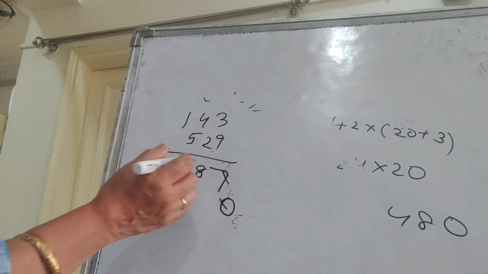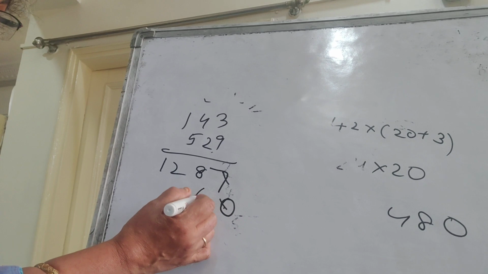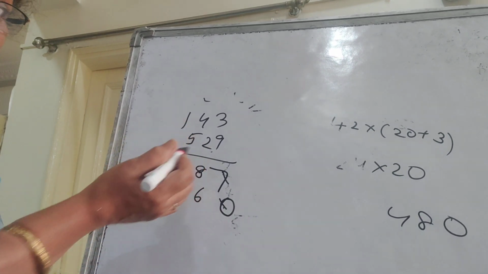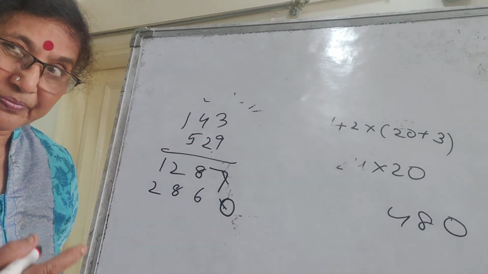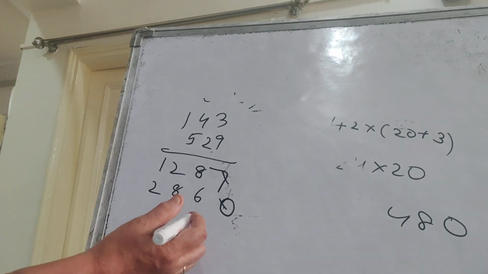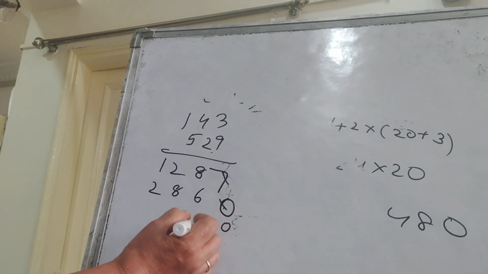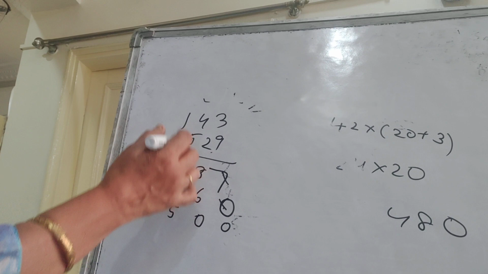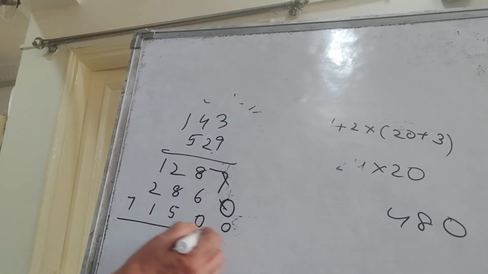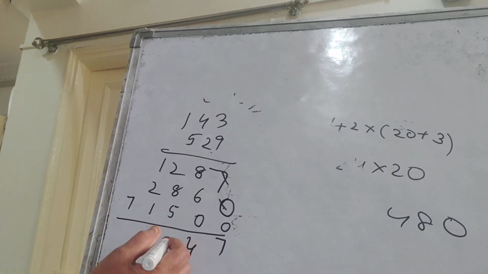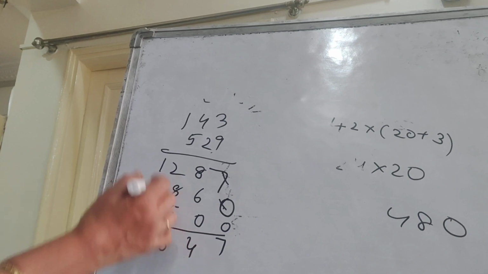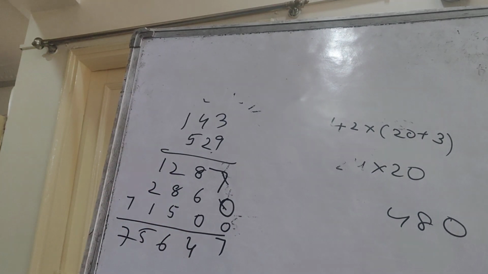Now this I wrote is 20 times, so put a 0, 6, 8 and 2. 500 times 143, so that is 200s. Then 5 3s are 15, 21, 2, 7. And then we add this, whatever is the answer. That is 10, 16, carry on 5 and 7.